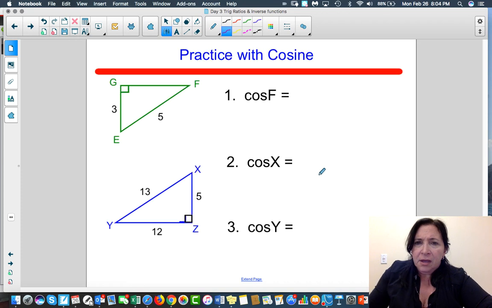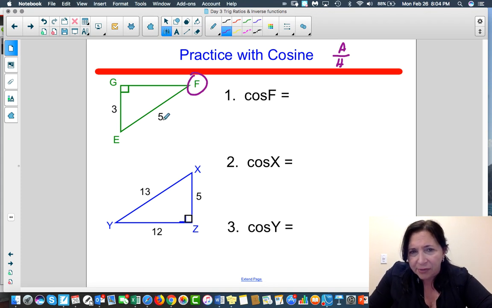Okay. So practicing with cosine, now remember, cosine is adjacent over hypotenuse. Every one of these is cosine, so they're all going to be adjacent over hypotenuse. So for this one, this says cosine of f. So I'm going to put myself here at f, and which side's my adjacent side? Now it's not 5, that's my hypotenuse.